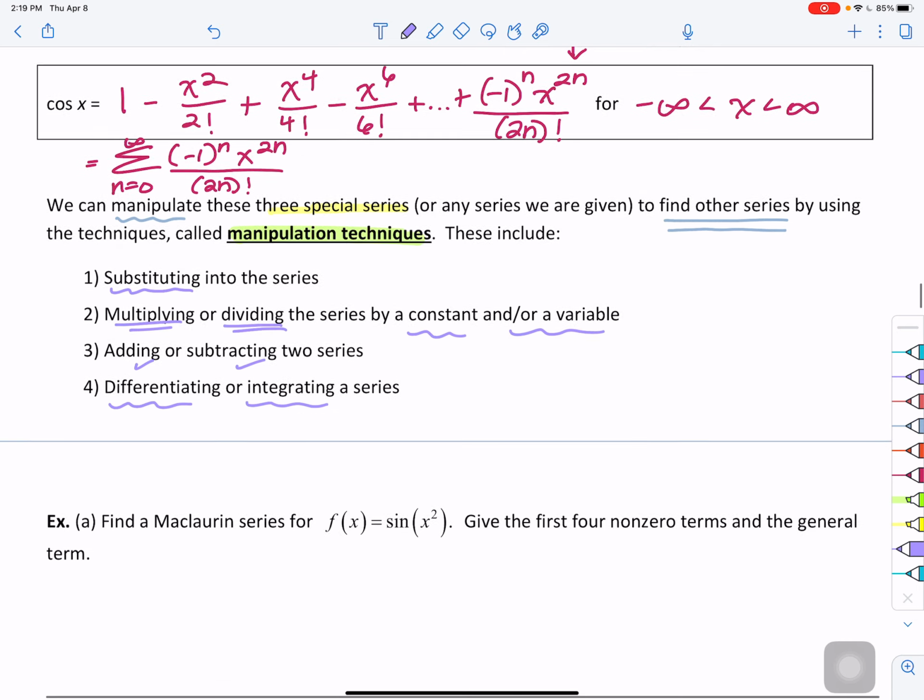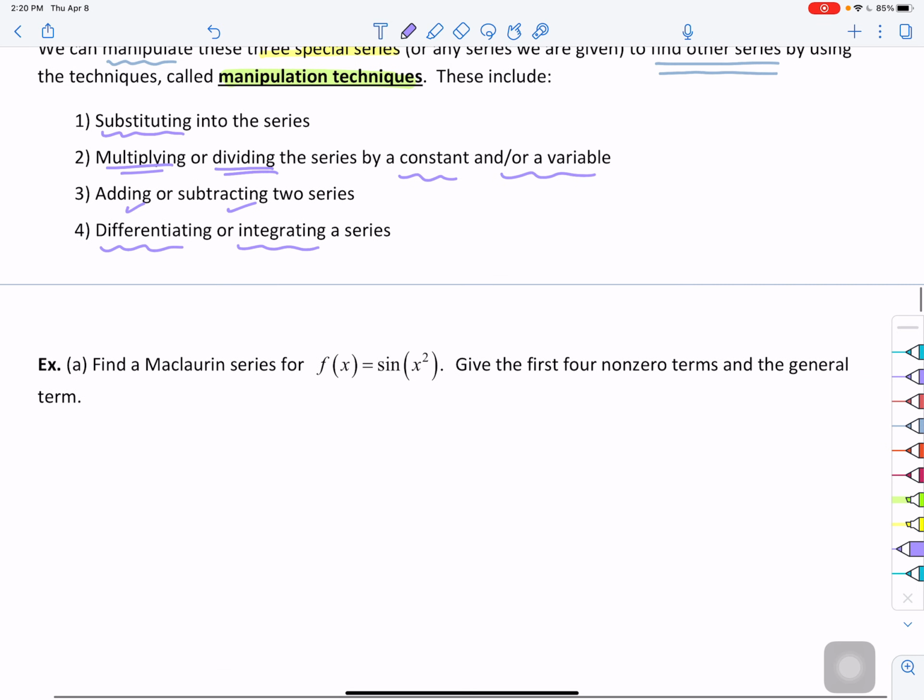Okay. So find a Maclaurin series for f of x equals the sine of x squared. Give the first four non-zero terms, but then also give the general term. Okay? So what are we going to do here?